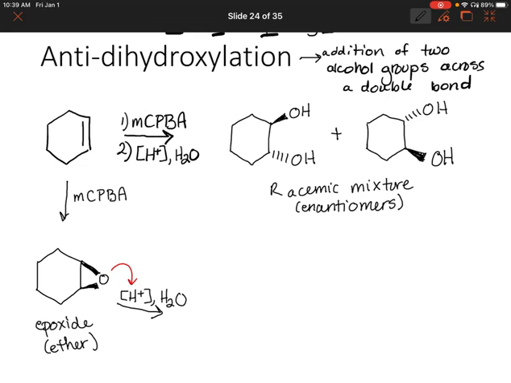I thought there was a fancy name for it, but I think it's just a protonated epoxide. Okay, so now we've got a hydrogen attached to that oxygen, and that oxygen is now positively charged.